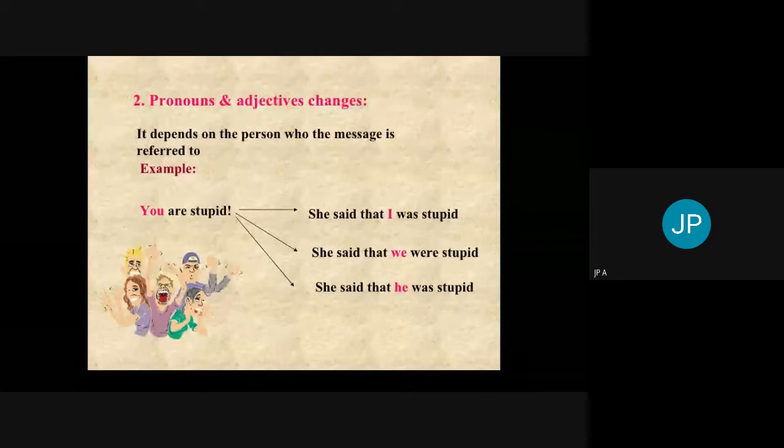"Can" is simple present, it will become past tense: whether I could. Okay. Yes. This is how it would change.